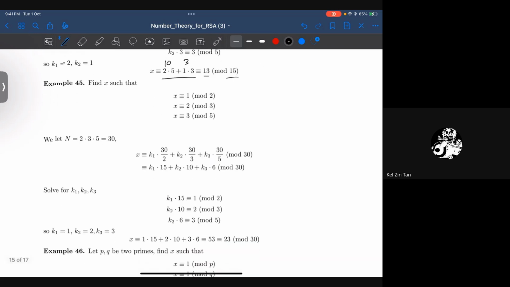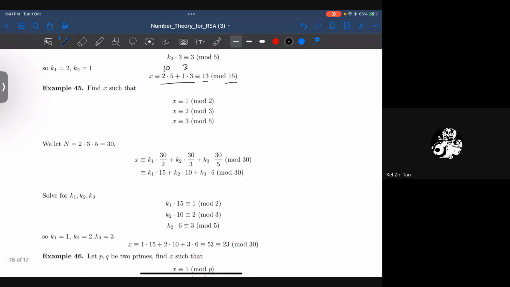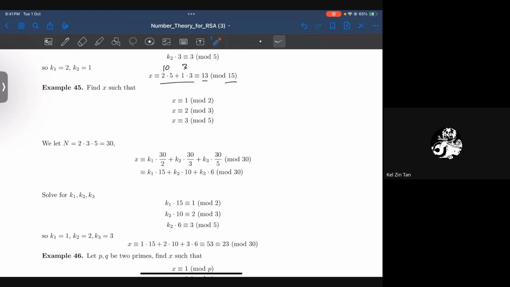So another example: we want to find x such that this holds, which is mod 2, mod 3, and mod 5, and the remainders are 1, 2, 3. We divide N by 2, by 3, by 5, and then you just do the same thing. This should be 1, this should be 2, and this should be 3.